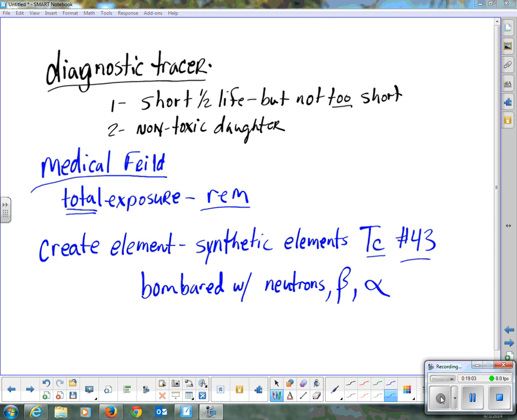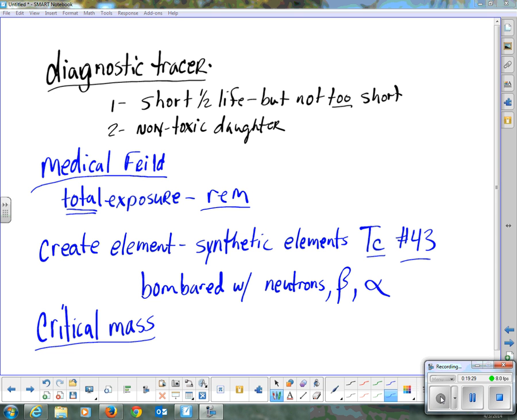Now, we talk about critical mass. When we have critical mass on an isotope, a radioactive isotope, we're talking about how much material is required, depending on that element, to have a self-sustaining reaction.